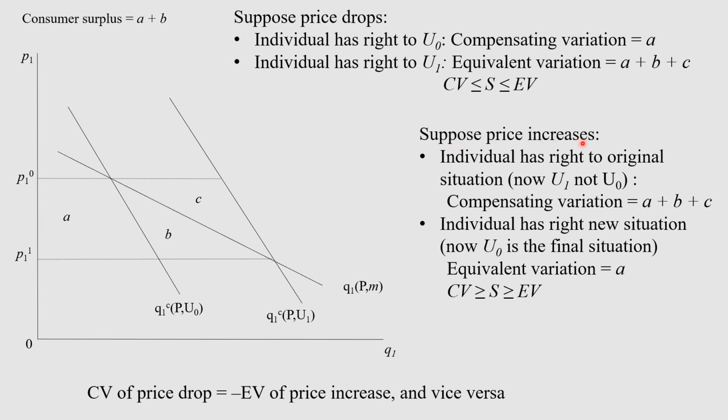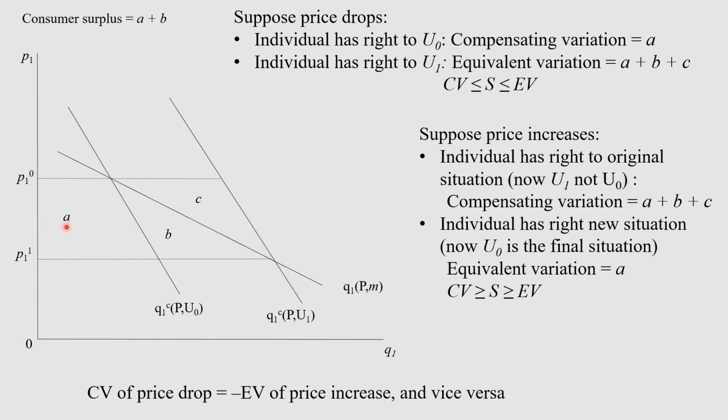Suppose the price increases, however. Let's say that we were originally at P1, and now the price has increased to P0. In that case, the individual has the right to the original situation, this one here. Notice that it's now U1 and not U0. So the compensating variation is given by the area under this curve, which is the original demand function.